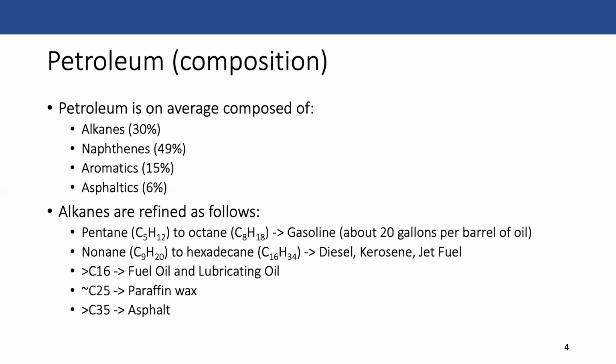These are a little bit more energy dense. You're getting things like diesel, kerosene, jet fuel. They're still liquid, but as the carbon chains get longer and longer, the liquid gets a little bit more viscous, and eventually even to things like solids. Once you're above 16 carbons in the length of the chain, you're getting things like fuel oil and lubricating oil.